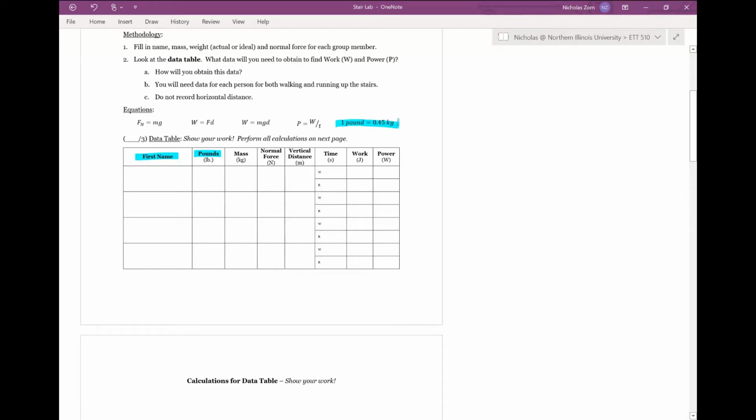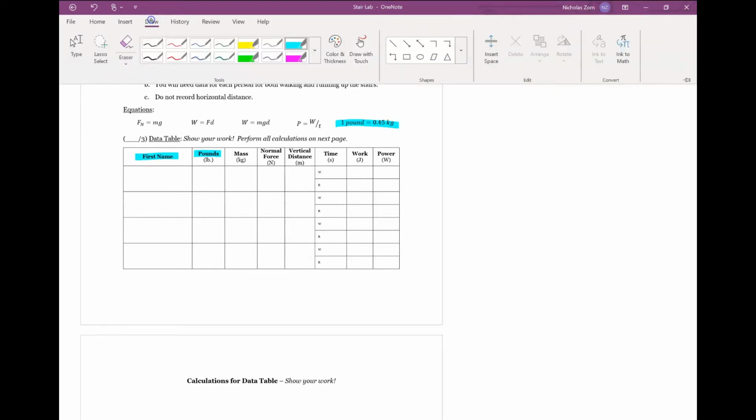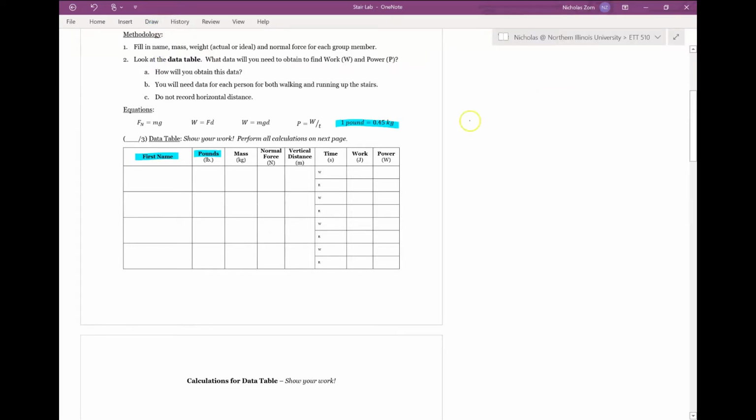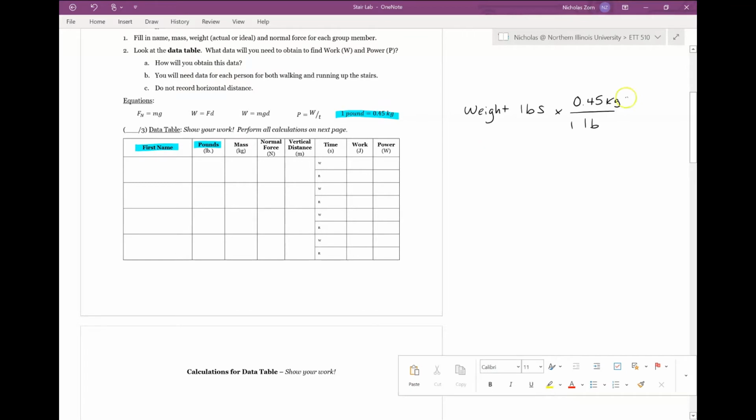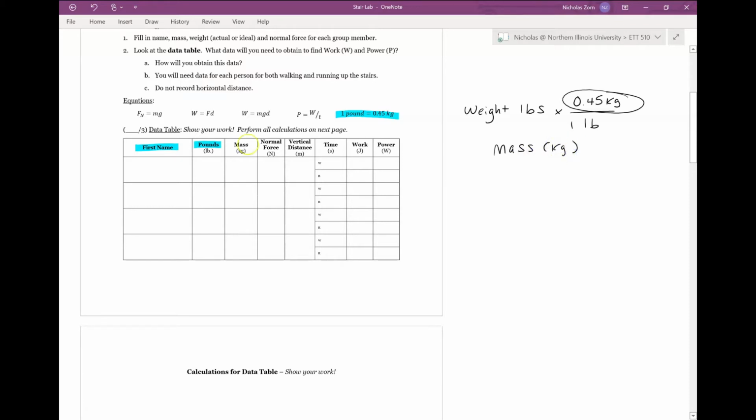Since our weight is in pounds, for every 1 pound we have 0.45 kilograms, so we're going to multiply our weight by 0.45 to get our mass in kilograms. We're going to fill that in before we start the lab.